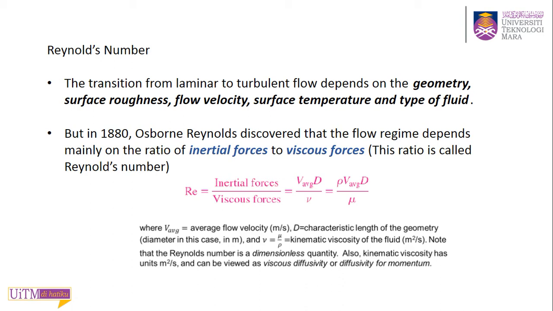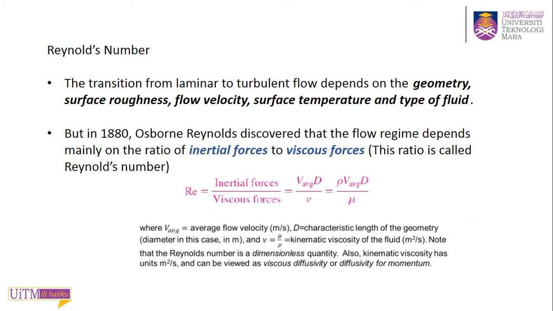But in 1880, this person, Osborne Reynolds, discovered that the main factor of laminar to turbulent is the inertial force and the viscous force.